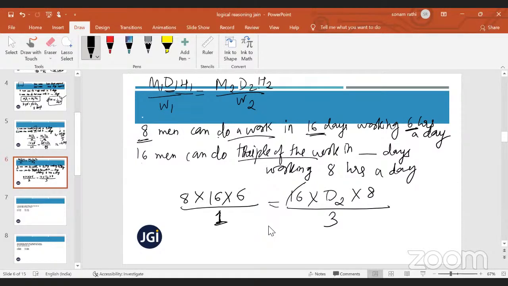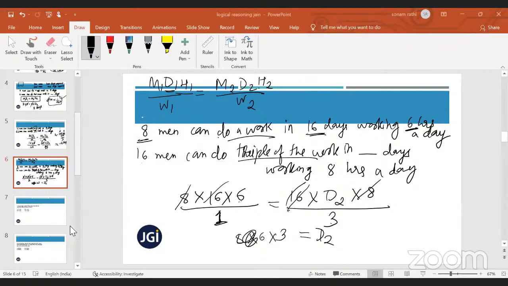So 16 and 16 cancel on both sides, and 8 into 6 into 3, and this 8 also cancels out. So only 6 into 3 is left, equal to D2. So D2 is 18 days, right? Yes, 18 days.